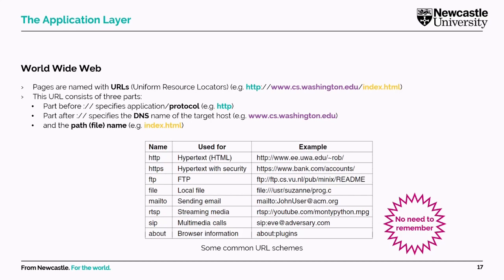And then the third bit is how you can navigate within that hierarchy of web pages that can exist in a single domain. So it can be the path to a specific file name or specific location within that domain.